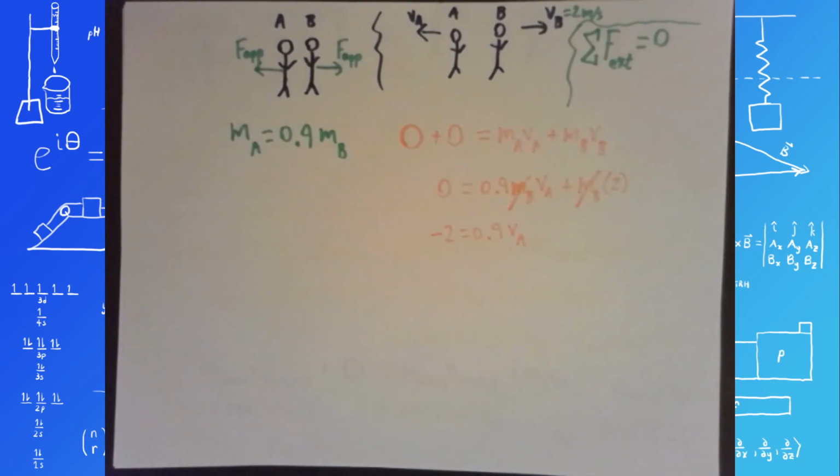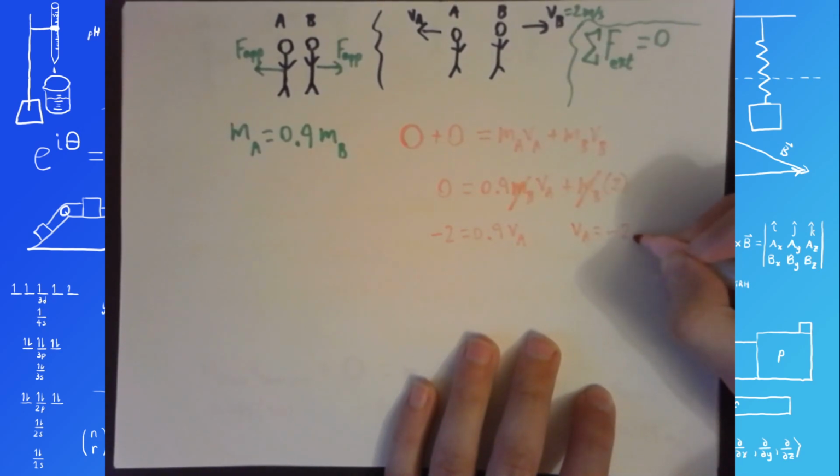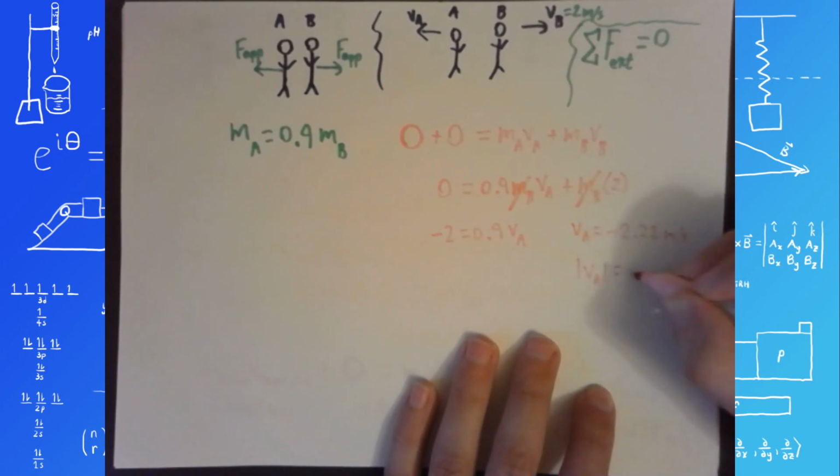Negative 2 divided by 0.9 is negative 2.22, repeating. So VA equals negative 2.22 meters per second, and therefore the speed is 2.22 without the negative sign.